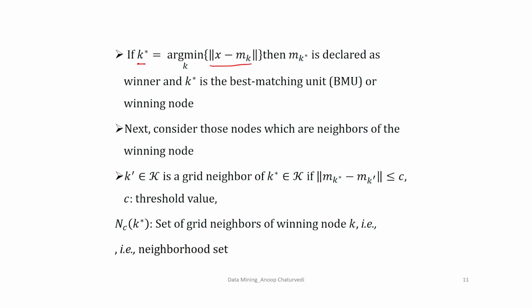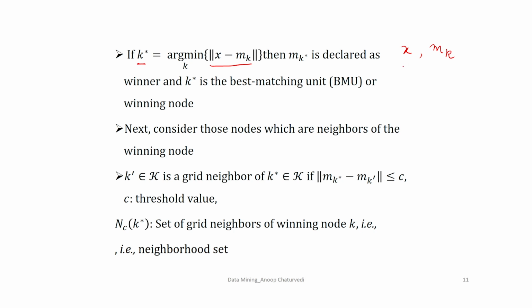So, what do we do? We have the input vector x, and then we consider the prototypes mk's, which are initially selected randomly.